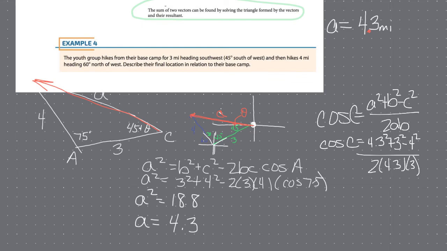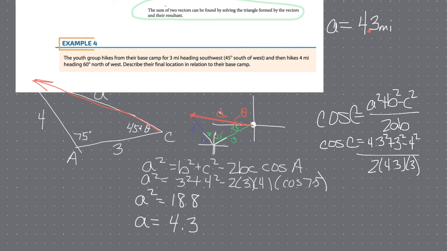Once you hit enter, you are going to get something that I didn't get. I got something off. And I'm not sure why.